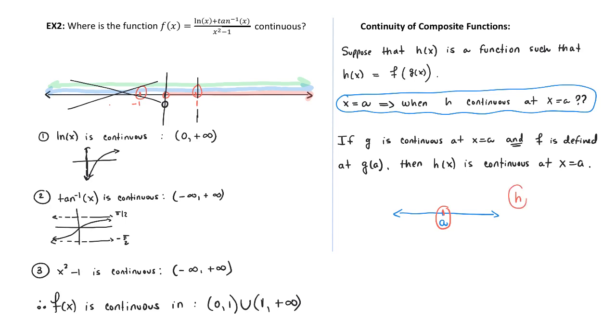Continuity of h. h is the composite function. So h is continuous at a as long as g, the inner function, is continuous at a and f is happy with g of a. If everything goes nicely together, then h becomes continuous at a.